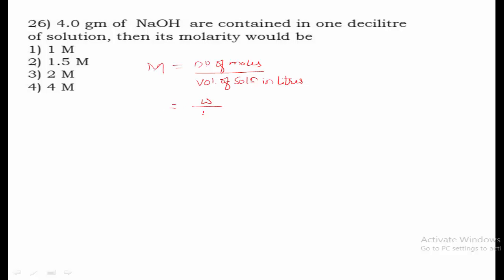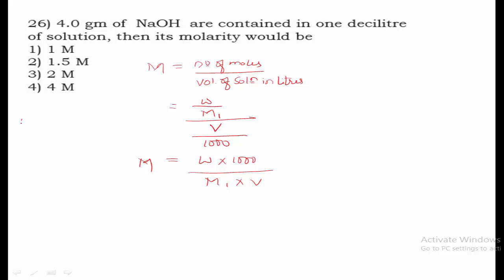The given mass divided by molar mass, let us call it M1, and volume of solution in liters, so V divided by 1000. Okay, because usually here the volume is given in ml. Then how much you will get? W into 1000 divided by M1 into V. Okay, that is the molarity.